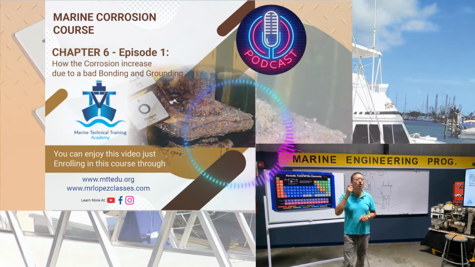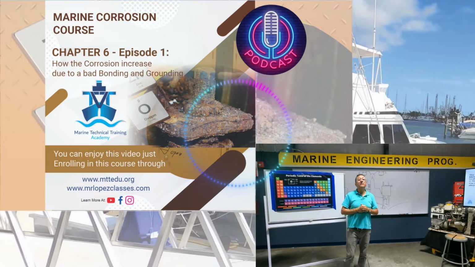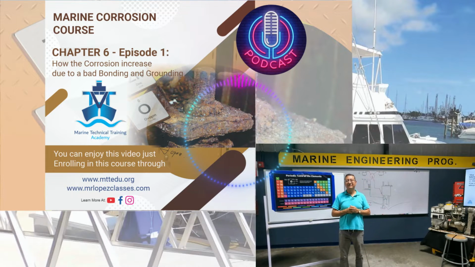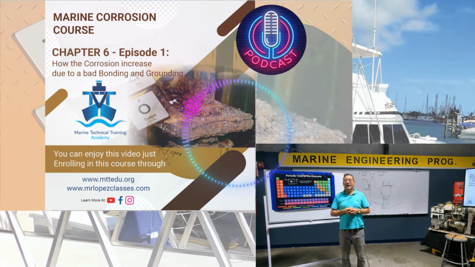Until this moment, it is clear in this chapter that we need to keep the boat as clean and dry as possible. And we need good electrical connections, and we need everything bonded to the bonding system. For that reason, we are going to start checking again those three concepts: bonding, grounding, and ground.